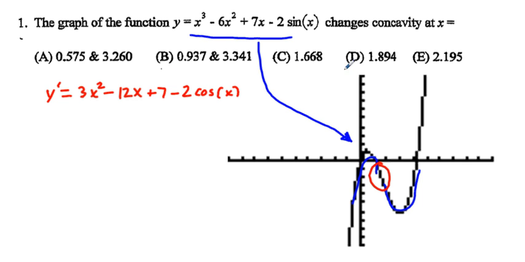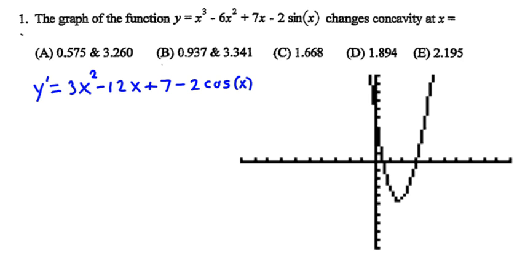Now this is definitely a calculator problem because we have all these decimal numbers that look like irrational numbers, and we're not going to be able to access any of these numbers unless we use a calculator or have a table. And so here we are with the first derivative graph.